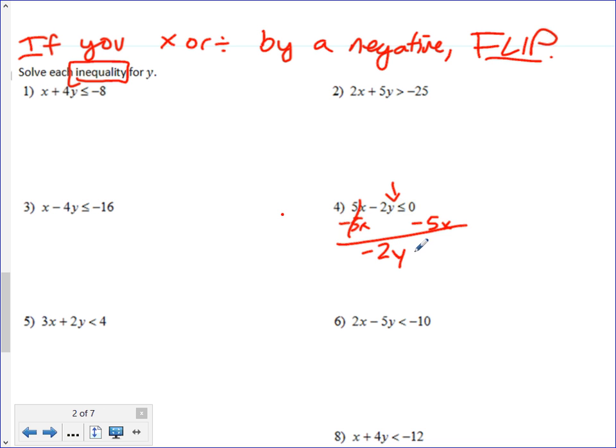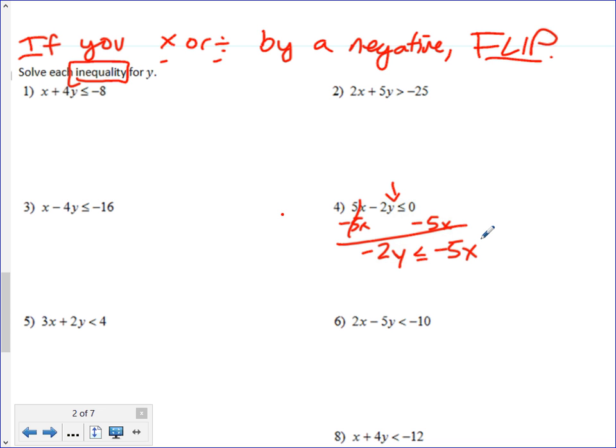No. But there's a negative though. It says minus. So you divide it. But I didn't divide by it. So it has to be multiply or divide. So it stays the same. What's 0 minus 5x? Minus 5x.